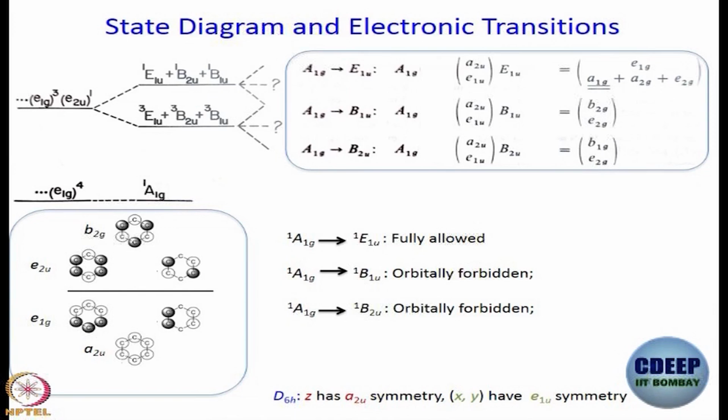Yes, it is spin allowed. You agree with me that for these two transitions, they are orbitally forbidden? Now, I am asking you to forget about the orbital part for the moment. I am saying both of these are singlet to singlet transitions. So, from the point of view of spin, are they allowed or are they not allowed?